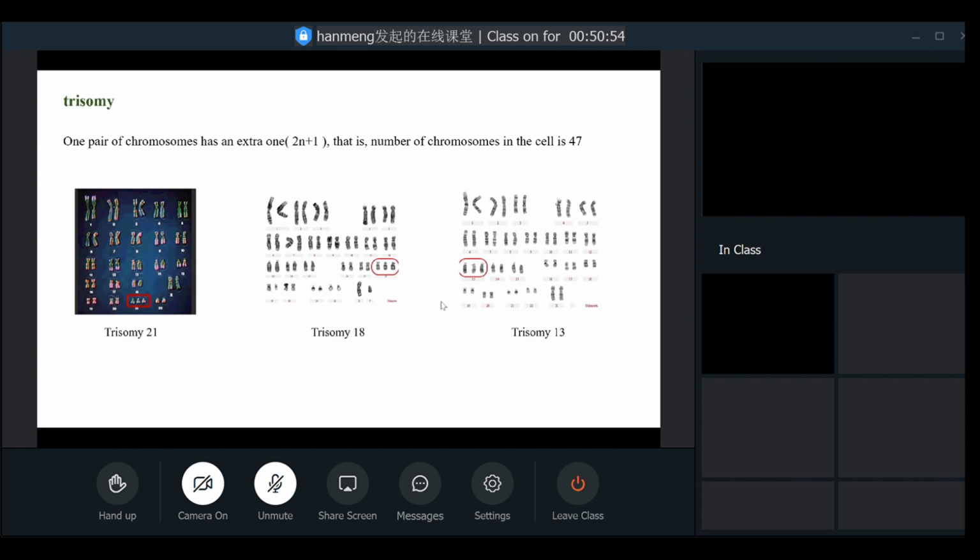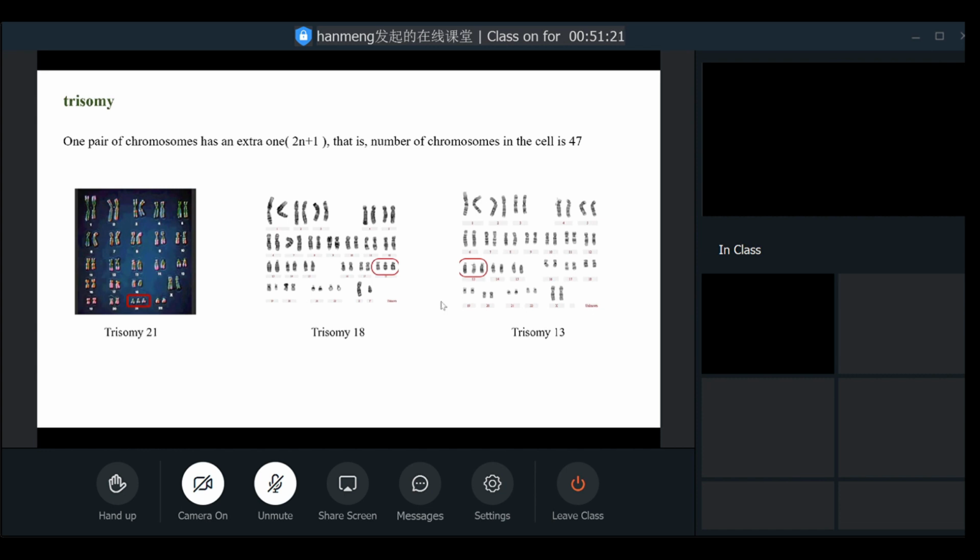In this picture I saw the trisomy. One pair of the chromosome has an extra one. So the total number of chromosomes in these patients is 47. That is, the number of chromosomes in the cell is 47. So here is the trisomy 21, which shows one extra chromosome 21.